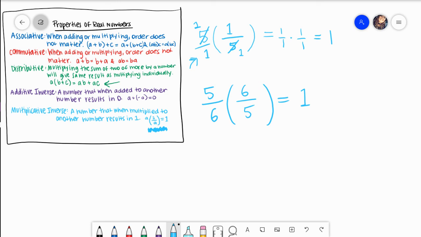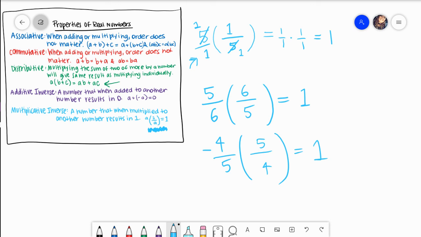One more example. Say I have negative 4 over 5. What would get me to 1? Well, same train of thought. I know I need to take the reciprocal because that multiplication is going to give me 1. But look at these two fractions.